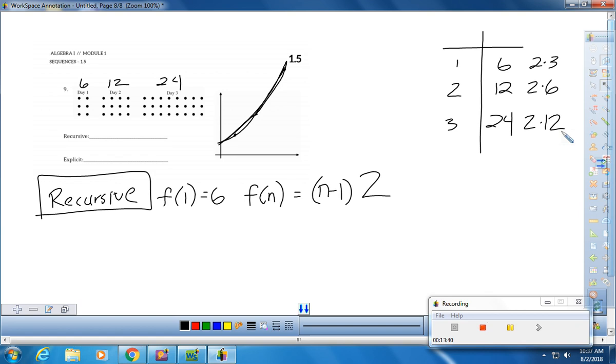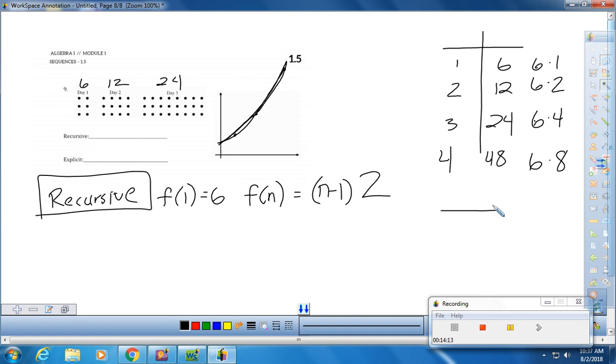Or let's see, let's do it in terms of 6s maybe. This would be 6 times 1, 6 times 2, 6 times 4. The next one would be 48. The fourth term would be 48, and that would be 6 times 8.